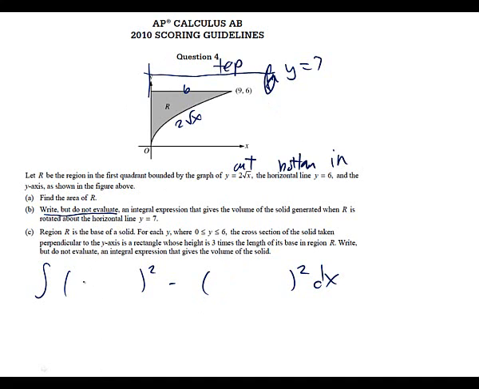Good. All right. What's the first thing I should have written down here? Pi. What are my limits going to be? 0 to 9, the x values, not the y values. You get a point just for that. Okay? All right.